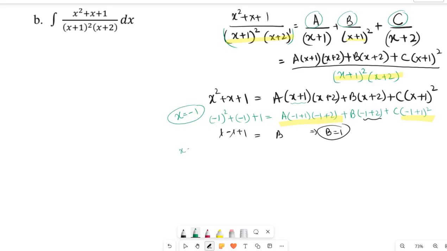We can also put x is equal to -2. Where did I get that from? From the second factor. But I'm going to put this in the same equation.